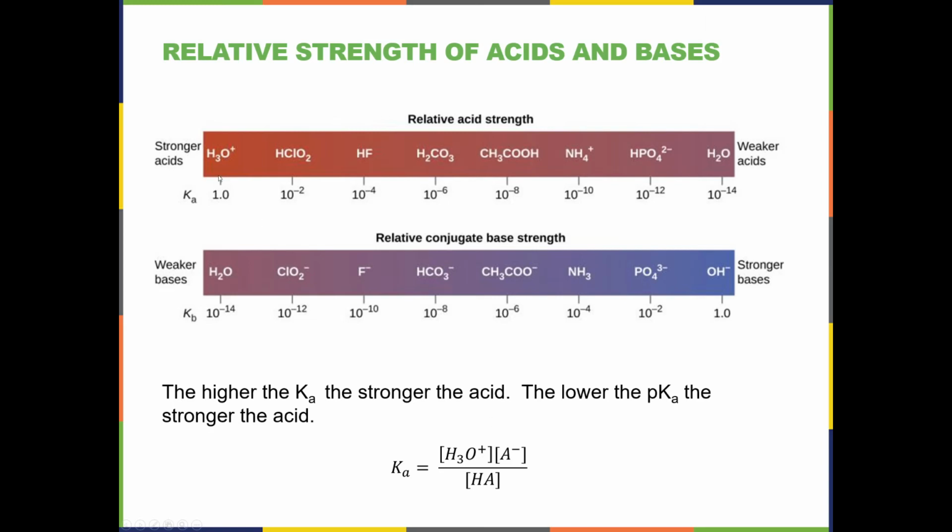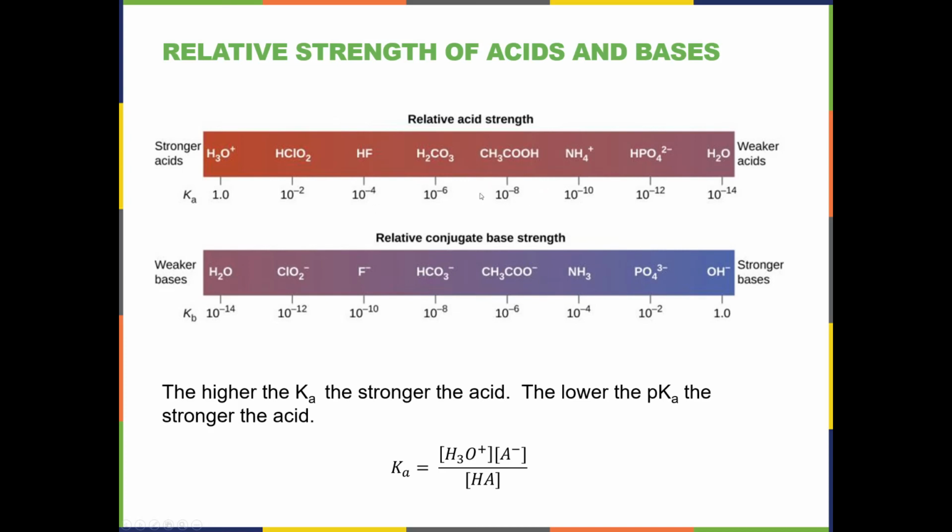And if we look at something which completely dissociates into H3O+, like HCl, or H3O+ itself, the pKa here, or excuse me, the Ka here is 1, which is a very large Ka. If we look at something that is a weaker acid, like HF, it's 10 to the minus 4.